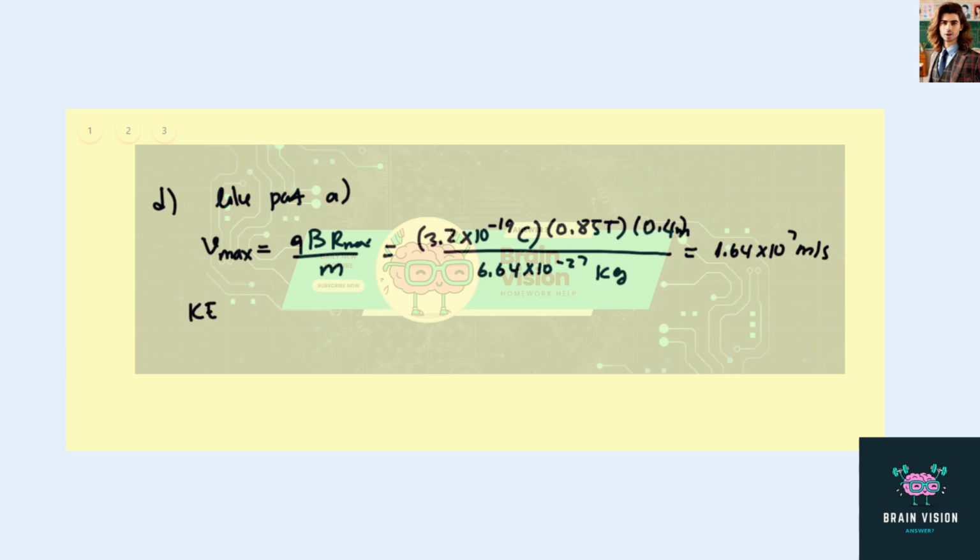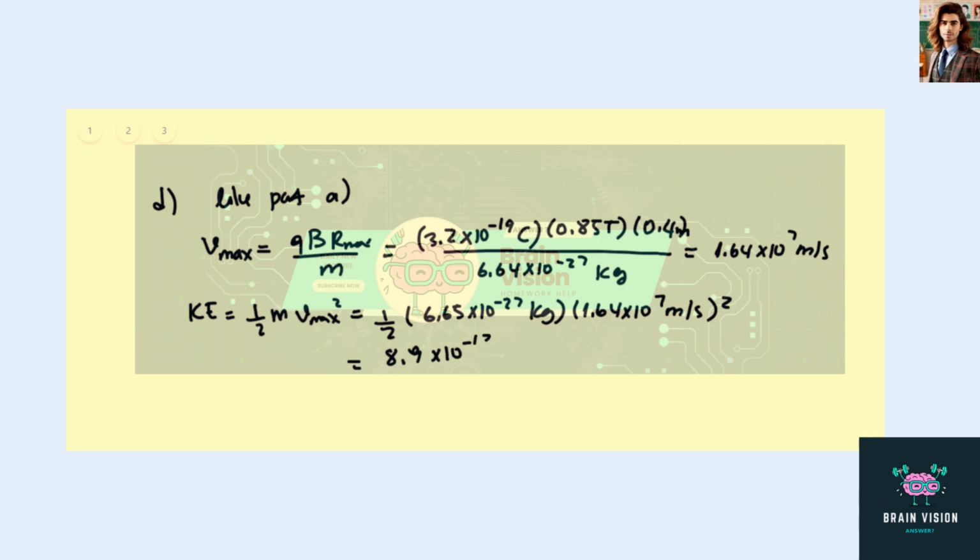Then we're going to plug it in the kinetic energy equation. What we get is 1/2 times 6.65 times 10 to the power negative 27 kilograms times 1.64 times 10 to the power 7 meters per second, squared. That would be equal to 8.9 times 10 to the power negative 13 joules again.